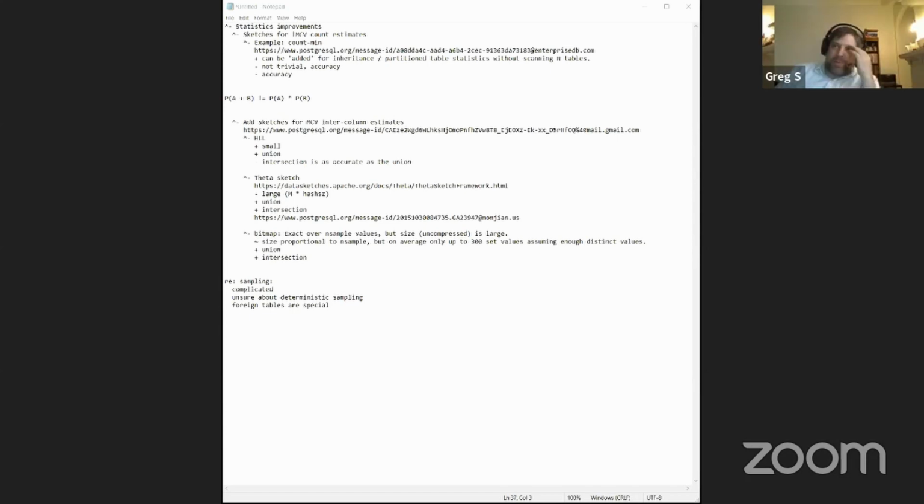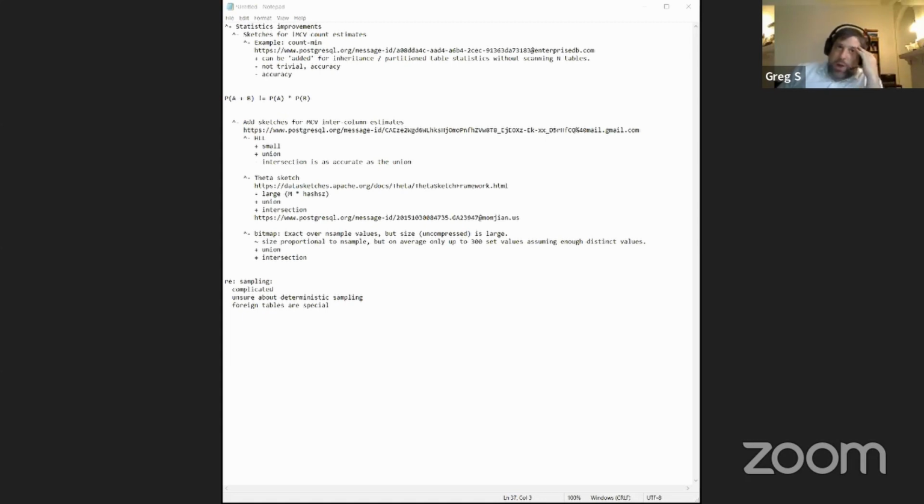I think I agree with Thomas that looking at Theta or HLL, the way to approach this would be to use a very simple data structure first, and then see what problems you have, because the different optimized data structures are solve different problems. So you'd want to know what problems you really have in Postgres before you start trying to solve them.